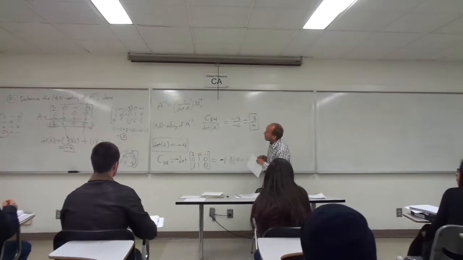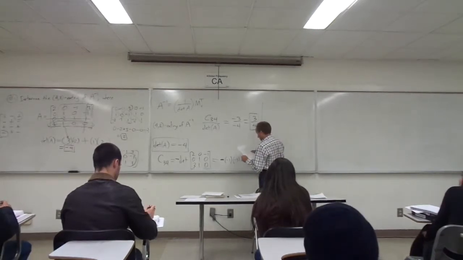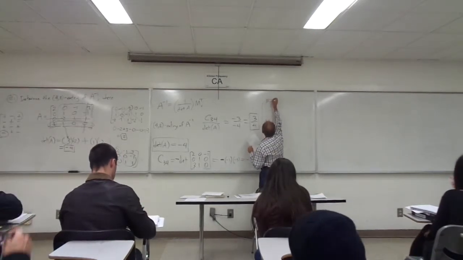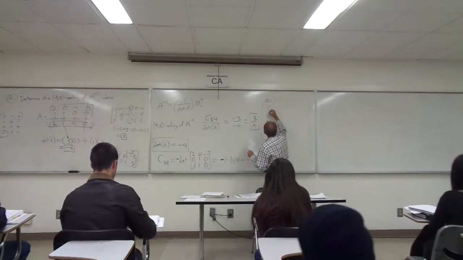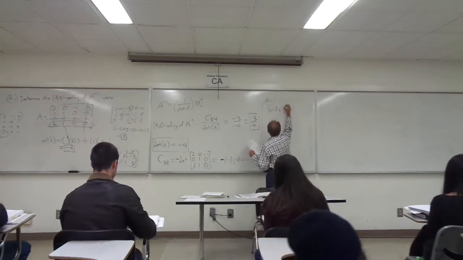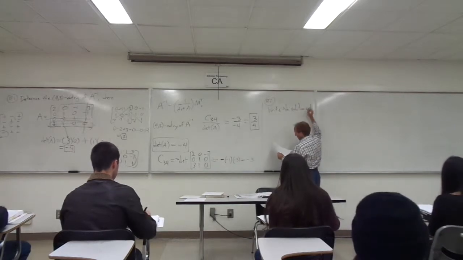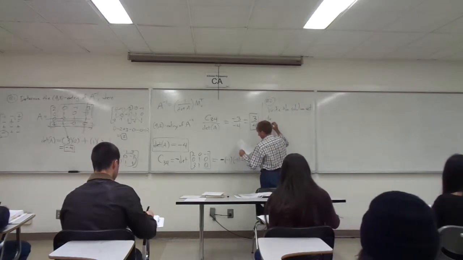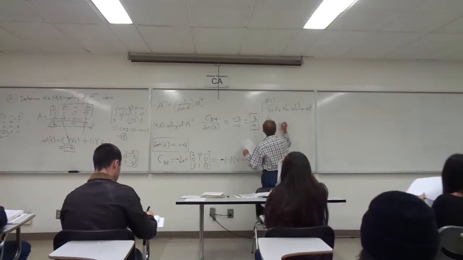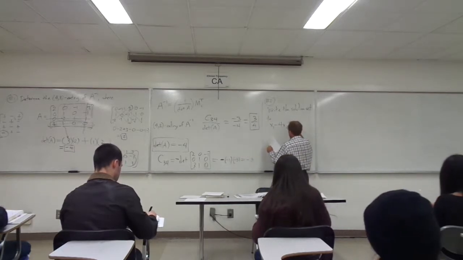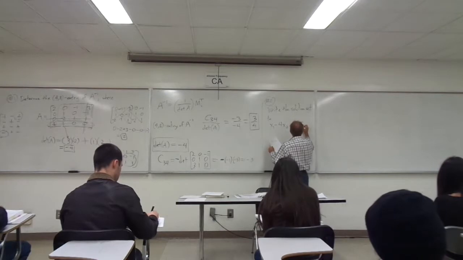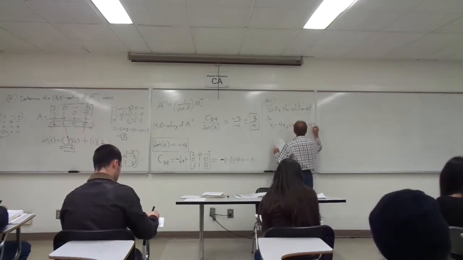Okay, let's go on to another example. This is number 2, and this one I think will be fairly quick. Write the solution set to x1 minus 4x2 plus x3 minus 5x4 equals 0.